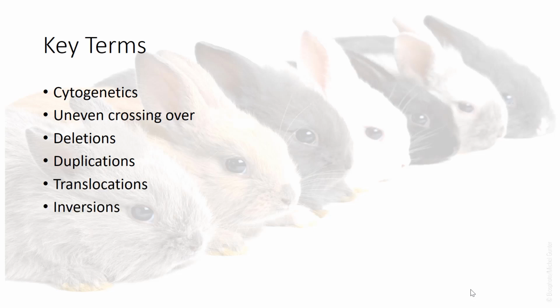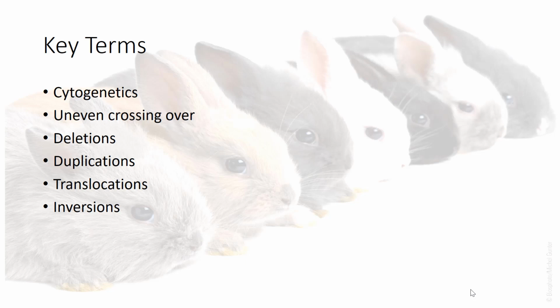Inversions. So in inversions, typically what will happen is you get a break in the chromosome, and then it's reinserted, but it's reinserted after being rotated 180 degrees. This can happen under a number of mechanisms, many of which happen under kind of a looping event, where the entire DNA chromosome, both strands, form this loop, and then that loop is cut and then reinserted backwards.